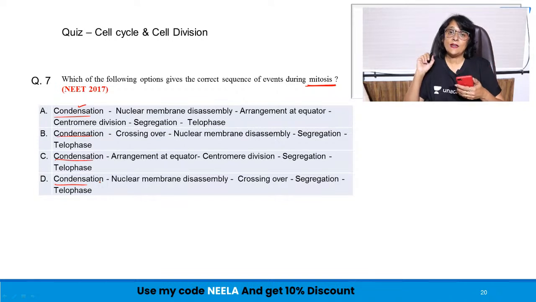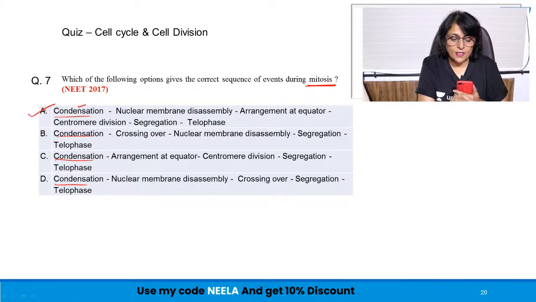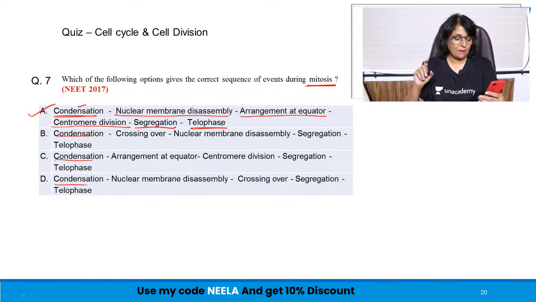Then the nuclear membrane dissociates, then the chromosomes get arranged on the equatorial plane, and then the centromere is going to split, then they separate. So I guess the first is correct. Condensation, nuclear membrane dissociates, chromosomes arranged on the equatorial plane, then centromere splits, because in anaphase the spindle fibers are going to pull the chromosomes, then the sister chromatids segregate or separate, and then the new nuclear membrane will assemble.